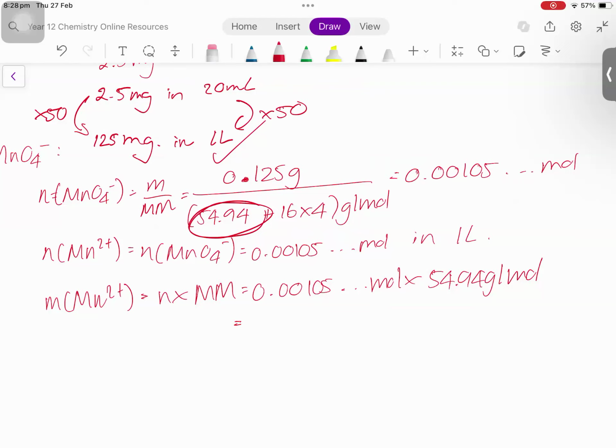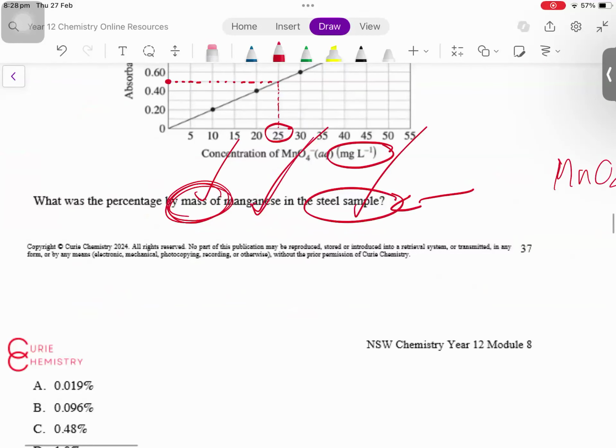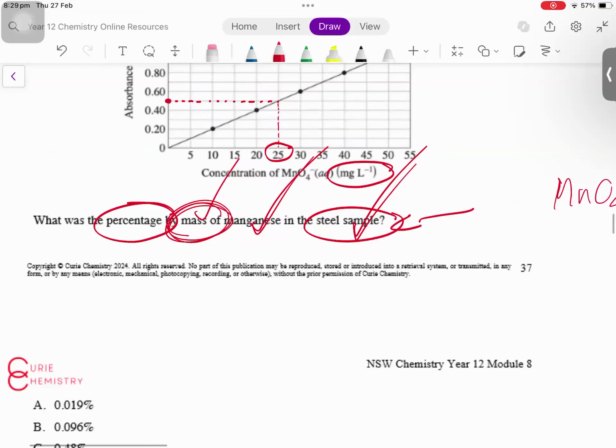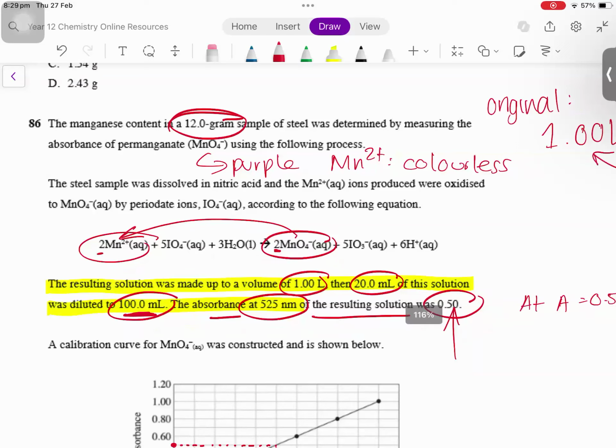0.057687 grams. You've got mass. You've got manganese, you've got it in the original sample, and they want percentage by mass, which means percentage out of the whole thing. And the whole sample, they actually gave you the mass at the start, which was the total 12 grams.